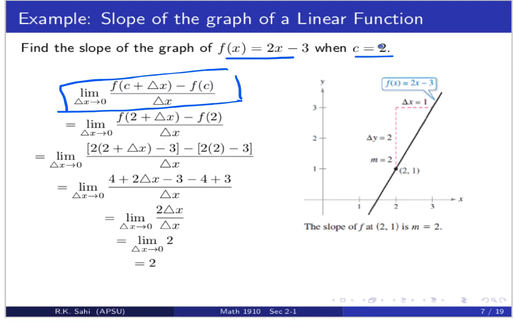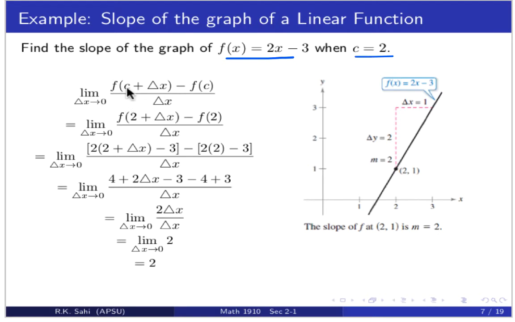Now I just have to plug in, which simply means evaluating the function at that point and then doing a little algebra. So let's start. The limit as delta x approaches 0 of f evaluated at 2 plus delta x minus f of 2, divided by delta x.